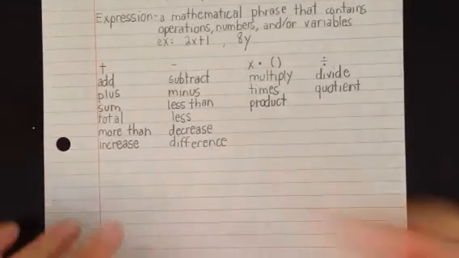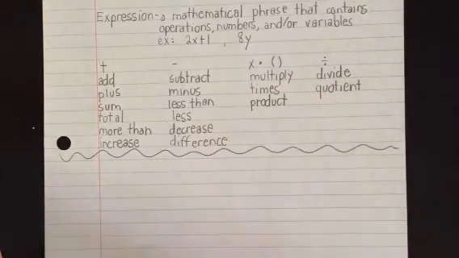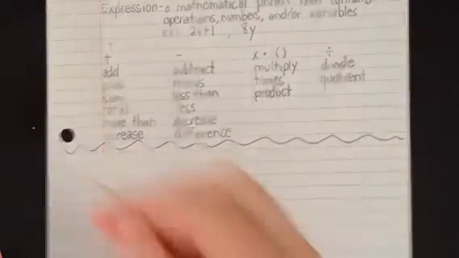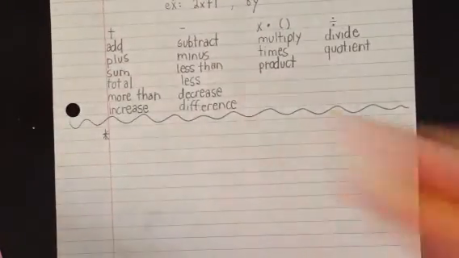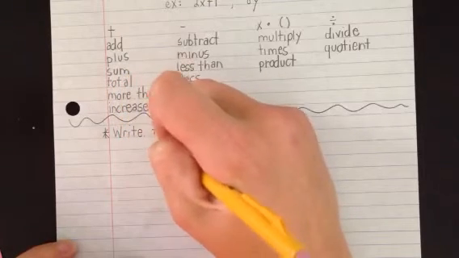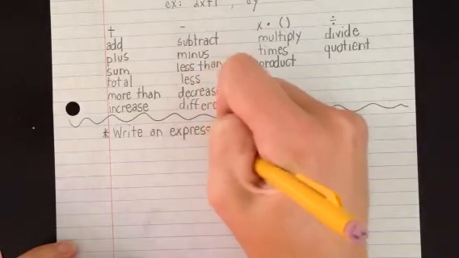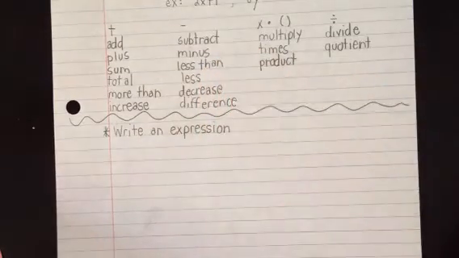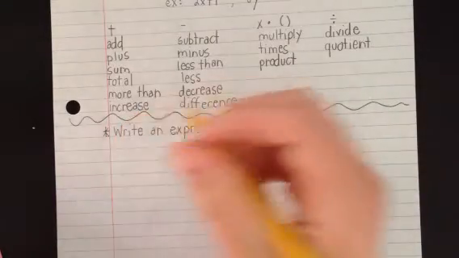So let's go ahead and practice a couple of examples. If you just want to do like a squiggly across. First examples we're going to do, I'm going to have you write an expression. So given some words, write a mathematical expression using the symbols.